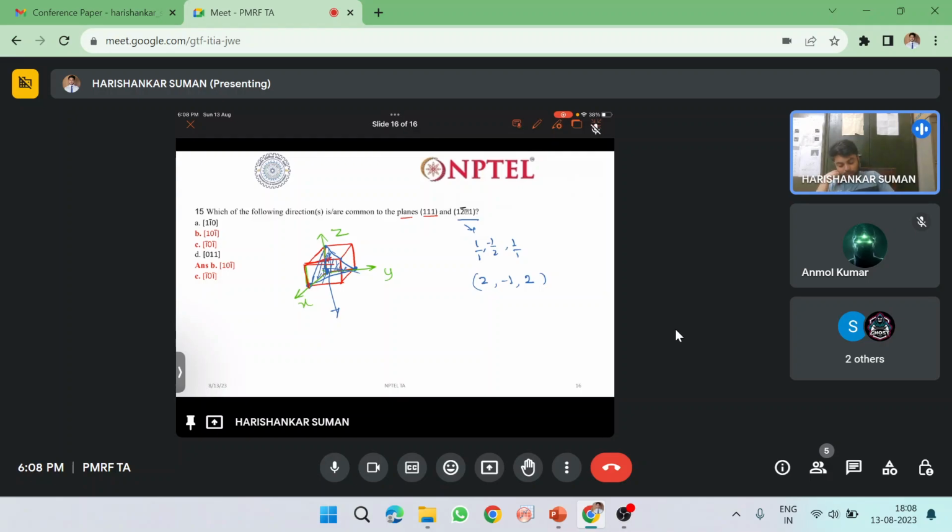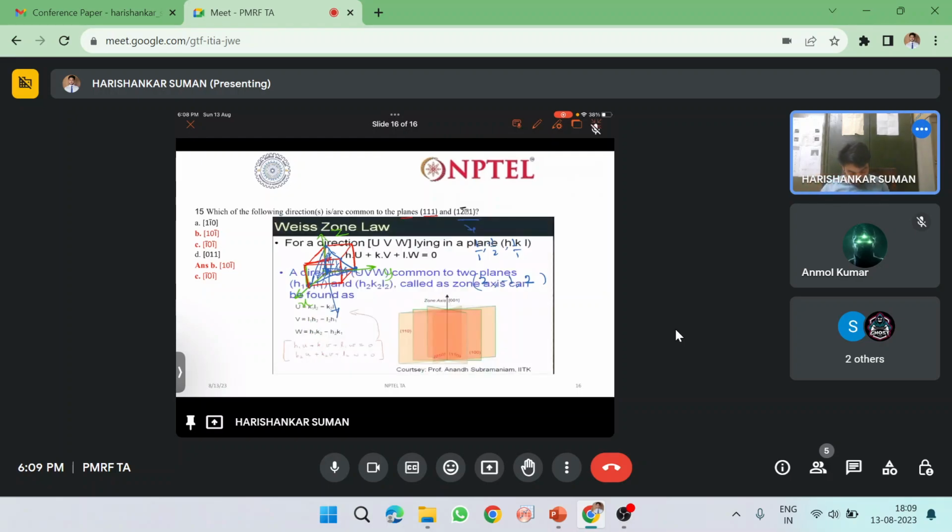So this will be the direction, and the common direction. We have to find the common direction. So here we can see the planes intersecting. So this is the common direction.